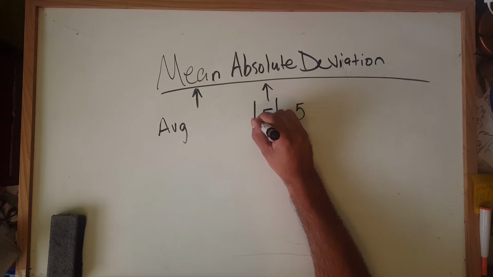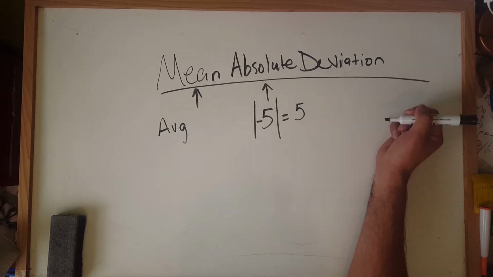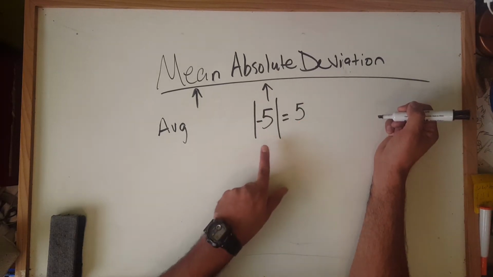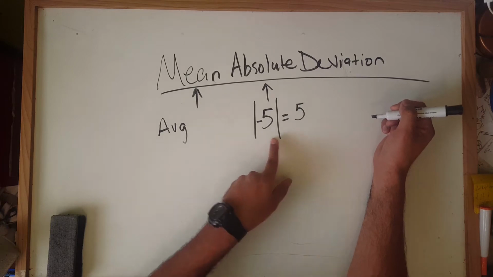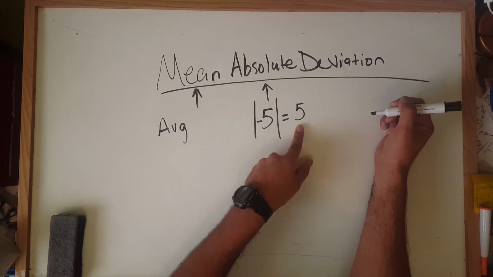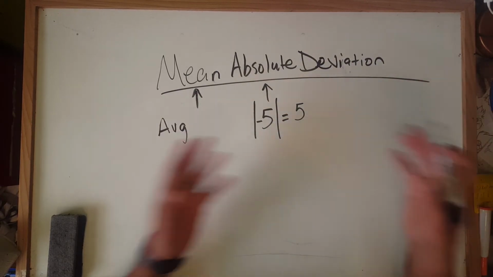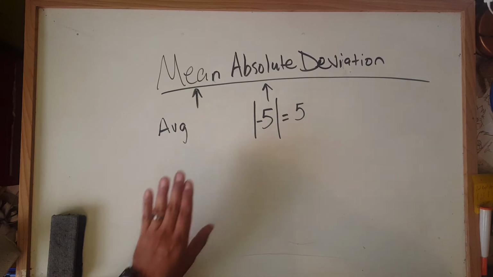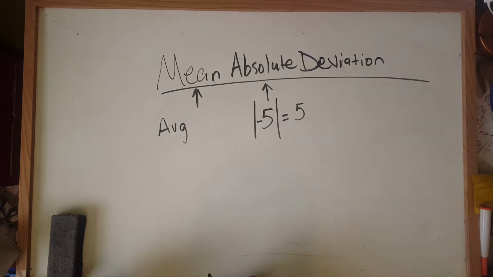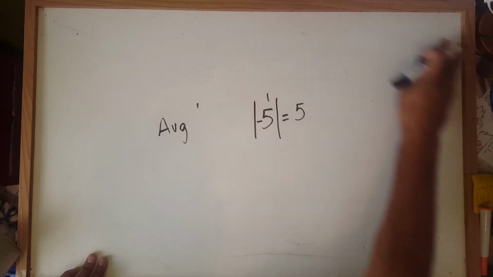Even if you have a negative number, it's still the same answer because it still takes only 5 jumps to get to negative 5. Okay? And then the deviation part is like a distance. It's how far apart something is from, in this case, the average. Okay? So that's mean absolute deviation.